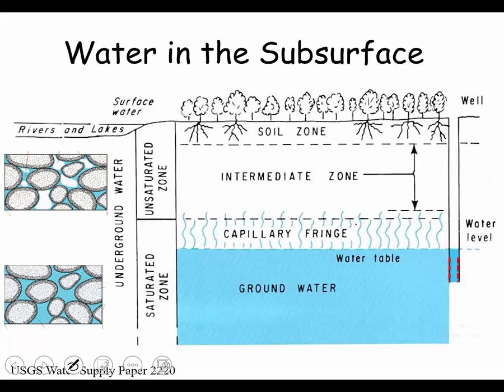Well, when we look at this zone here, here's the slotted pipe. Here's the level to which the water rises. That's the level in the pipe, and that's our water table. If you look at the grains that are in the unsaturated zone, you'll see there's spaces.